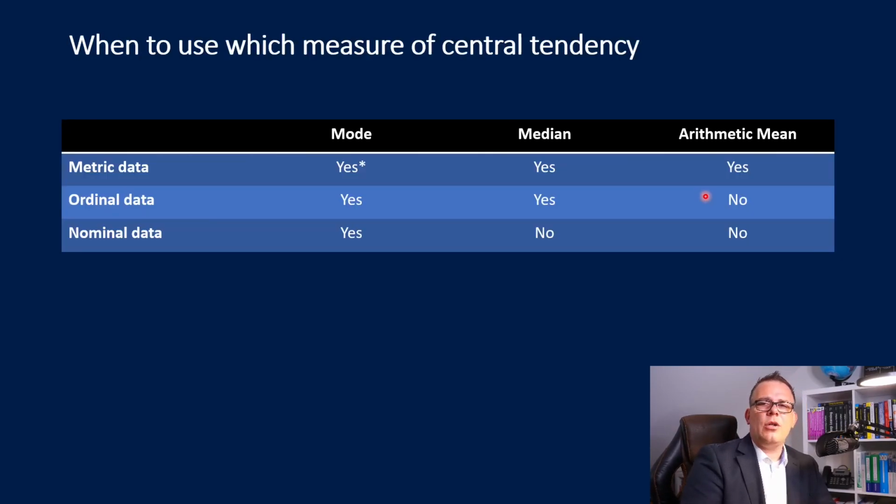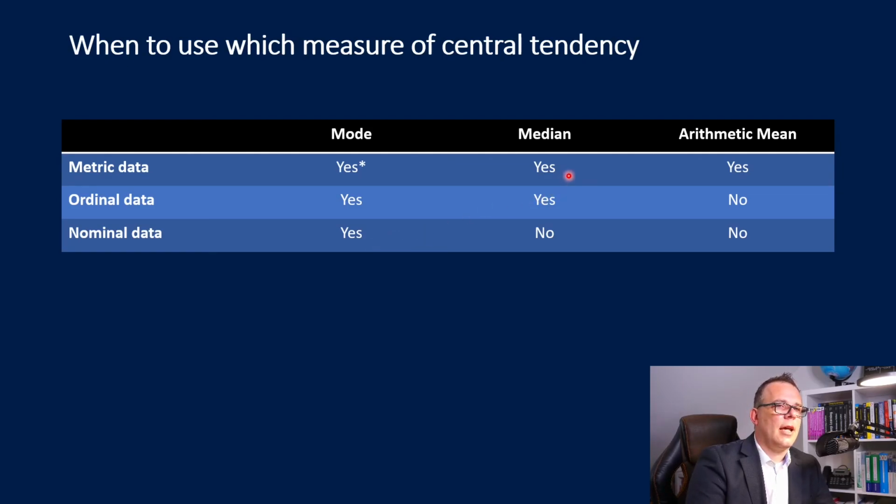Now, when do we use which measure of central tendency? Of course, the mode can be calculated for metric data, but there are a lot of downsides, and I wouldn't do that. So it is theoretically possible, yes, but let's say better don't do it. But for ordinal and nominal data, of course, the mode is very, very important.